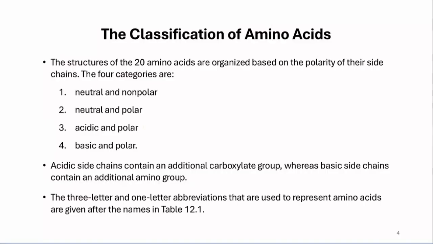We are actually in the next following slides going to look in detail at the side chains of the amino acid by taking table 12.1 and cutting it into the different four groups so we can closely look at the four groups or categories that you see here.